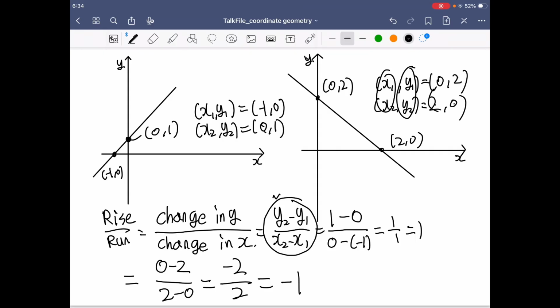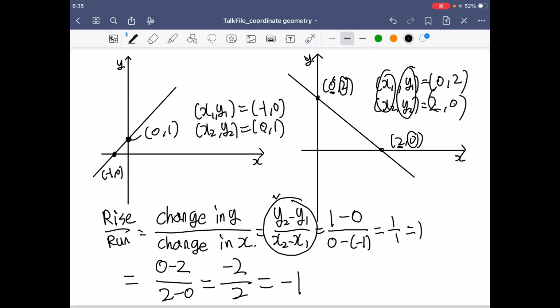So this is -2 over 2, which is -1. So yeah, if you have a careful look at this graph, let's have a look at these x coordinates. You see, it increases by 2, but these y coordinates decrease.